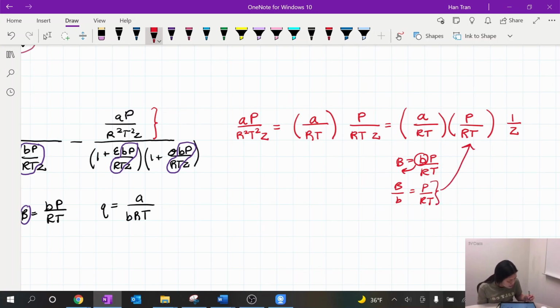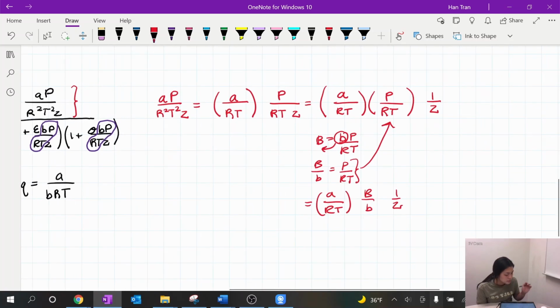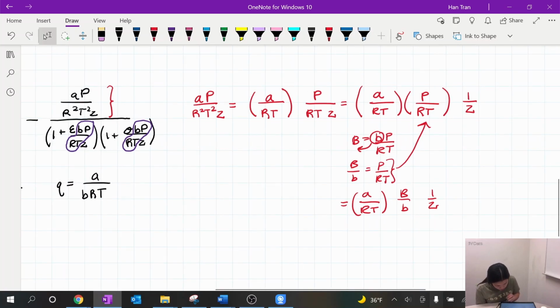So if we substitute that in, we have A divided by gas constant R times temperature times beta over B times the compressibility factor of 1 over Z, beta over B times 1 over the compressibility factor Z. Wait a minute, now, if we look at Q, it's A divided by B times gas constant R times temperature, which is what we have right here.